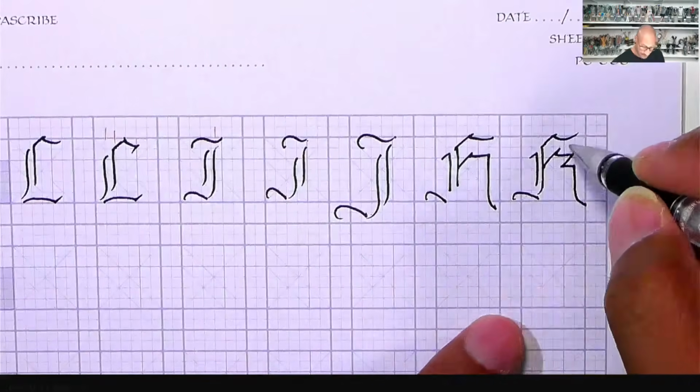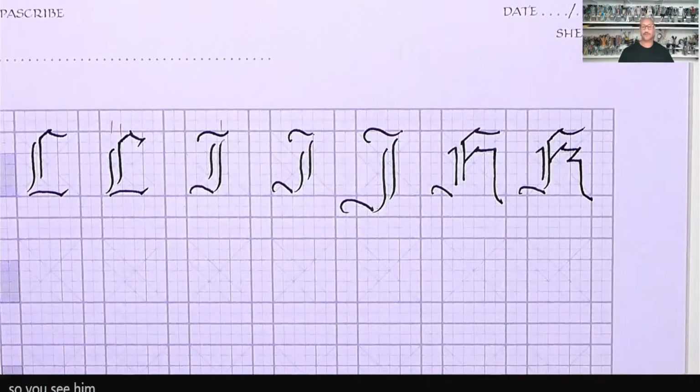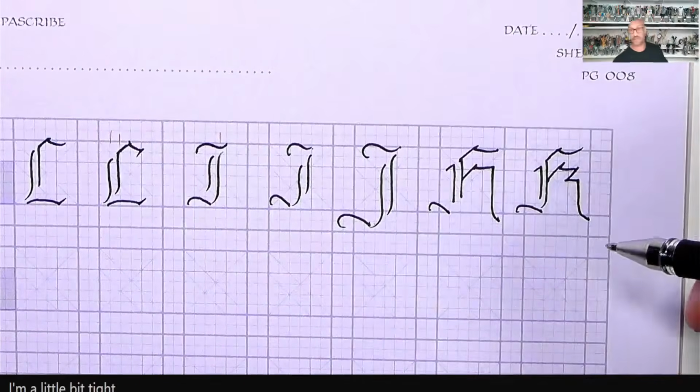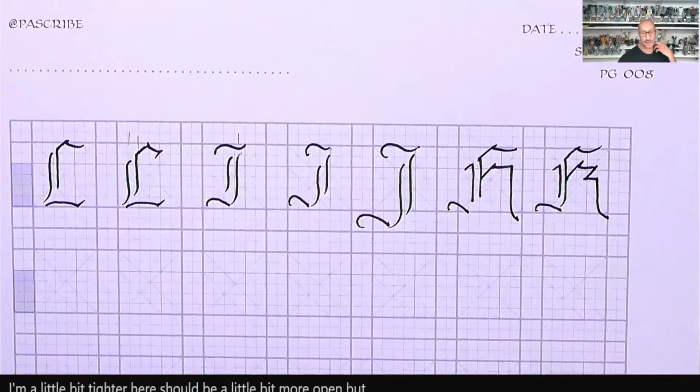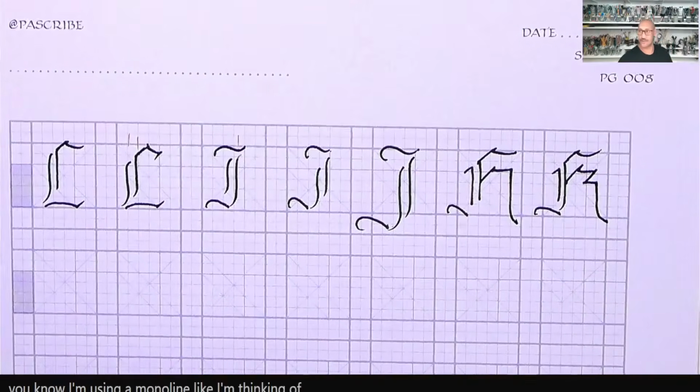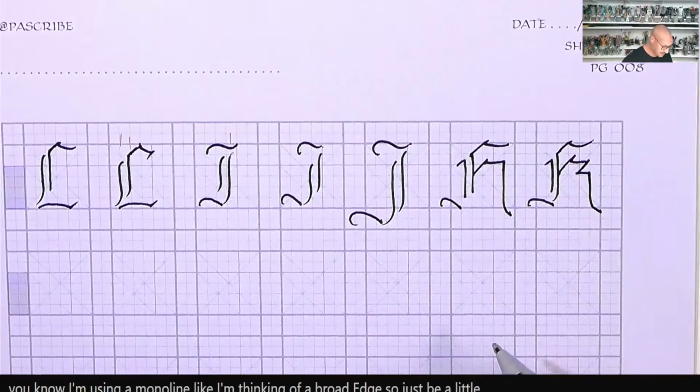So you see how the verticals really help me. I'm a little bit tighter here, should be a little bit more open, but I'm using a monoline like I'm thinking of a broad edge. So just be a little conscious of that.